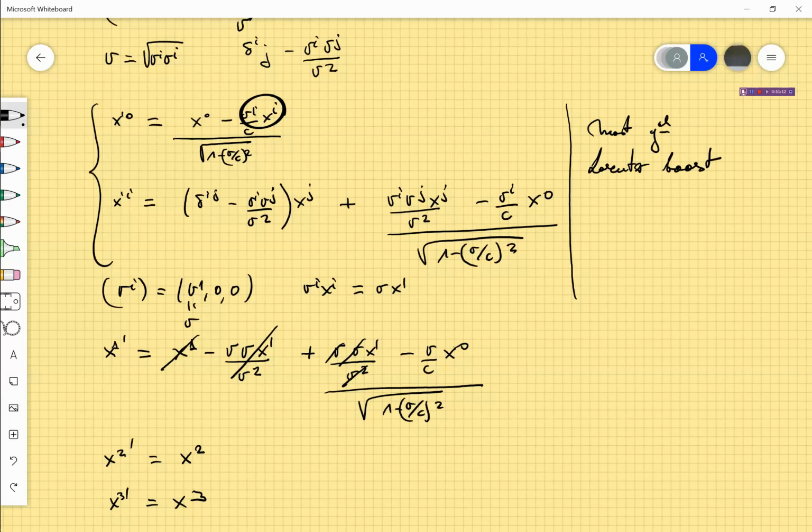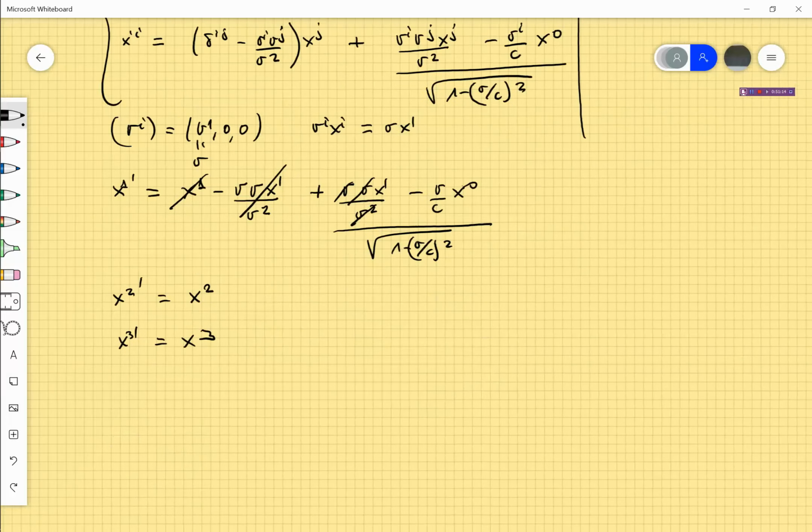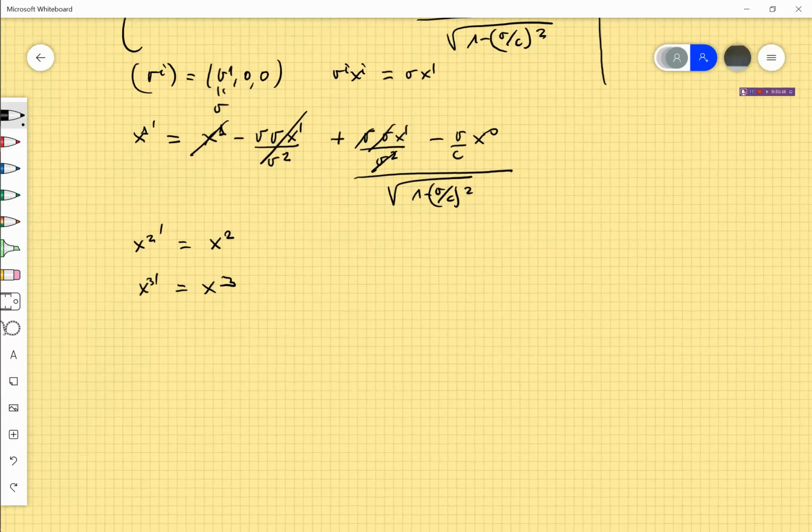And finally we can express this maybe in a more intuitive form in this way. So x0 prime is just x0 minus v divided by c x parallel, so this is the component of the spatial position parallel to the speed, divided by this common factor.